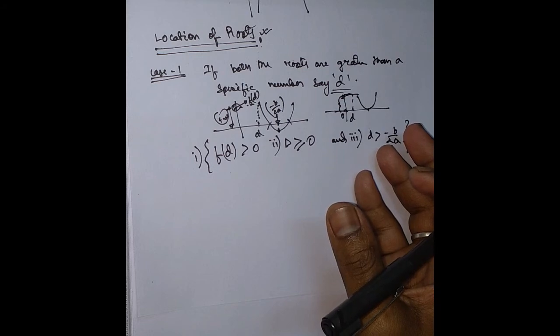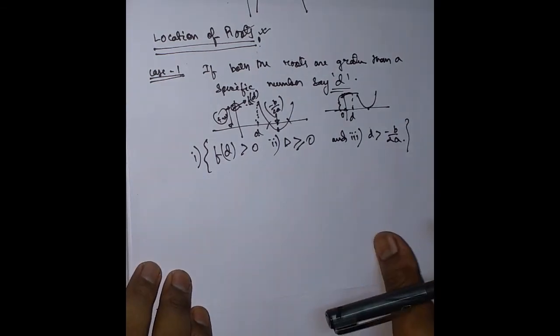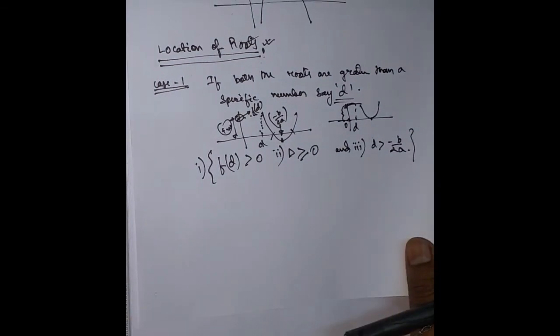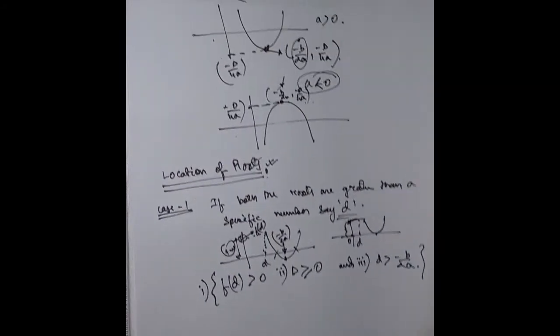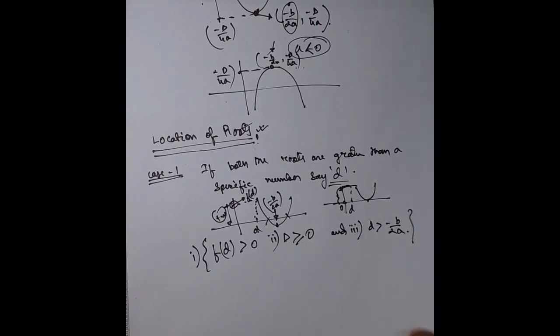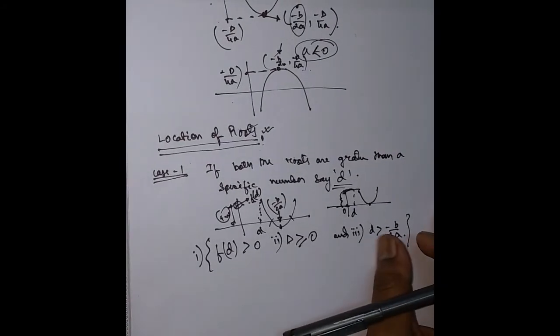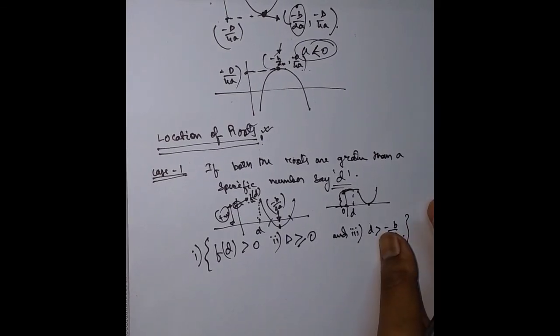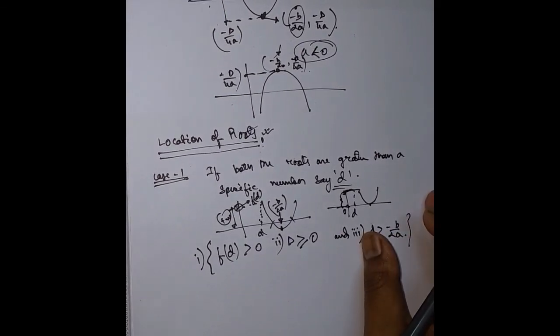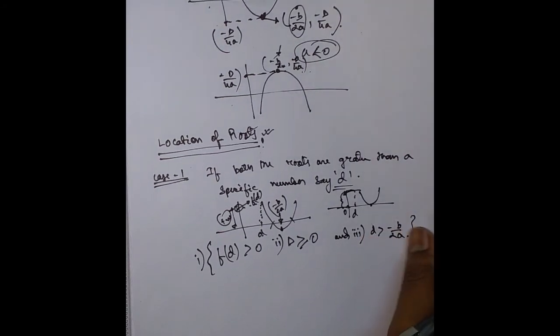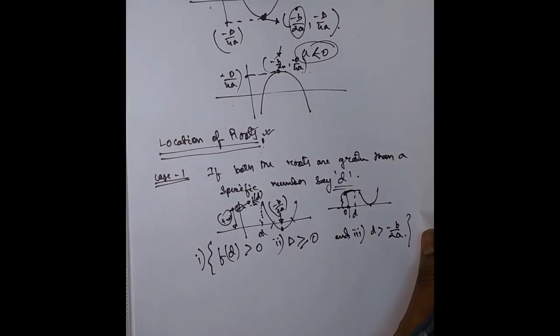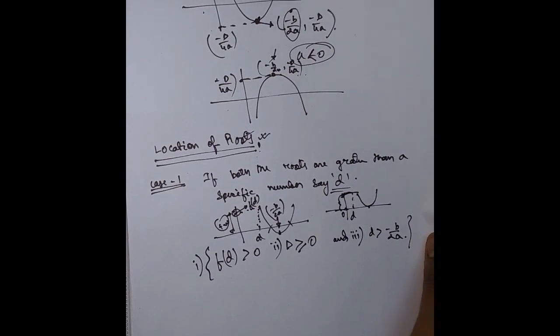For what value of x, you may get a constant or a variable, that depends on the particular question. I'm going to give you a set of questions at the end of the lectures, and I'll discuss them in later tutorials where we'll revise the quadratic equations. Okay, so now let's go to case 2.